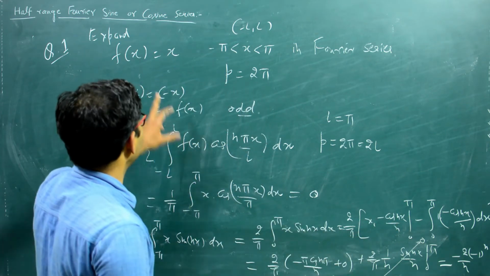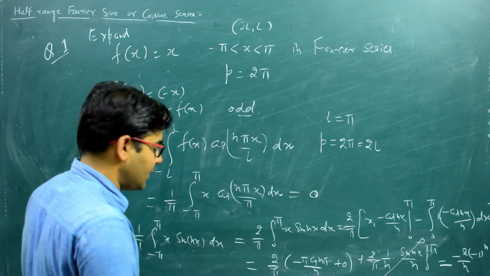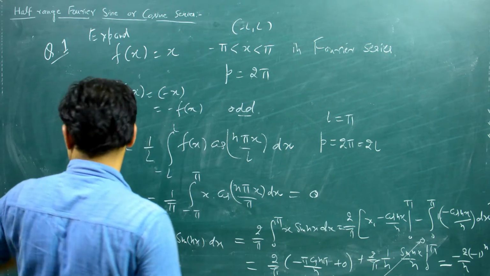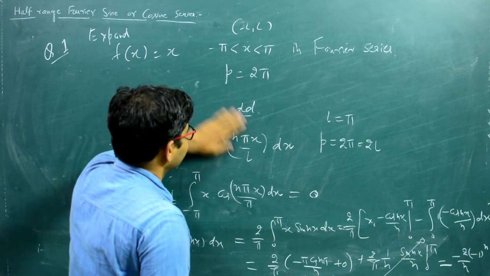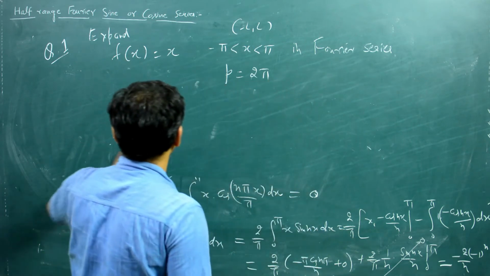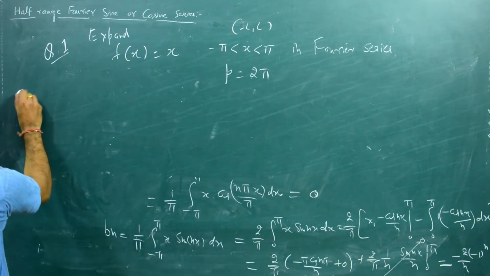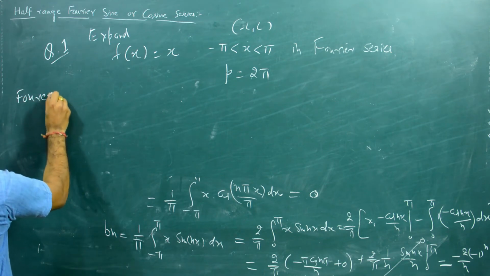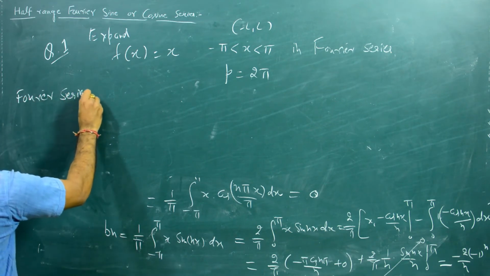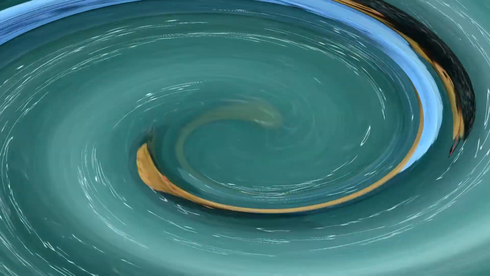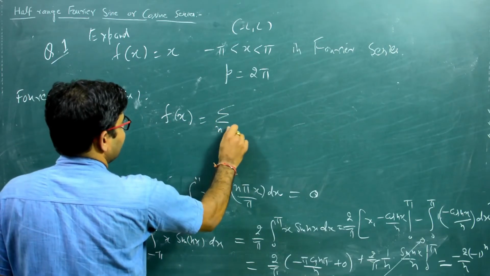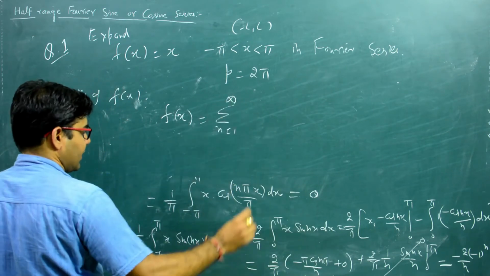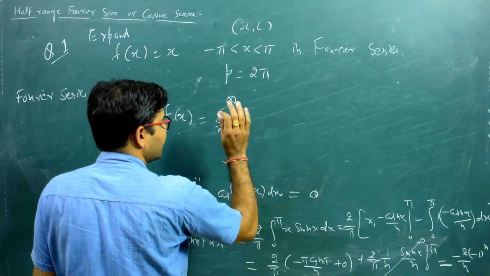It means, what is the Fourier series of f(x)? Finally, the Fourier series of f(x) is equal to, again, f(x) is equal to summation n tending from 1 to infinity, where a_n's are 0, so no cos term, only sine term.